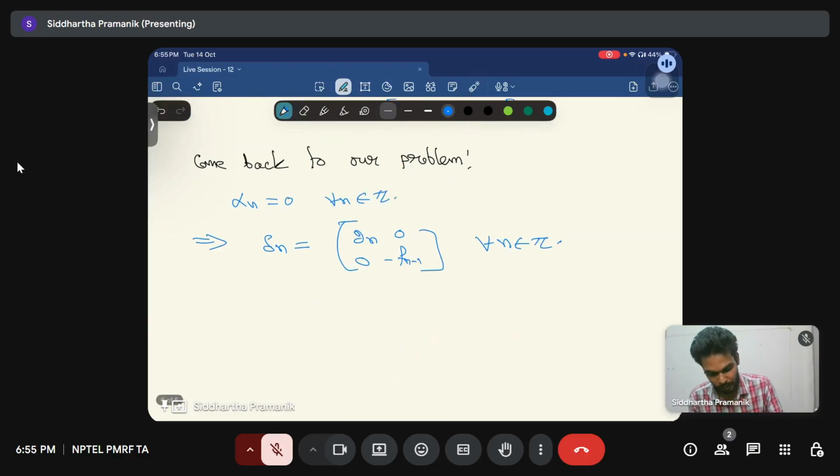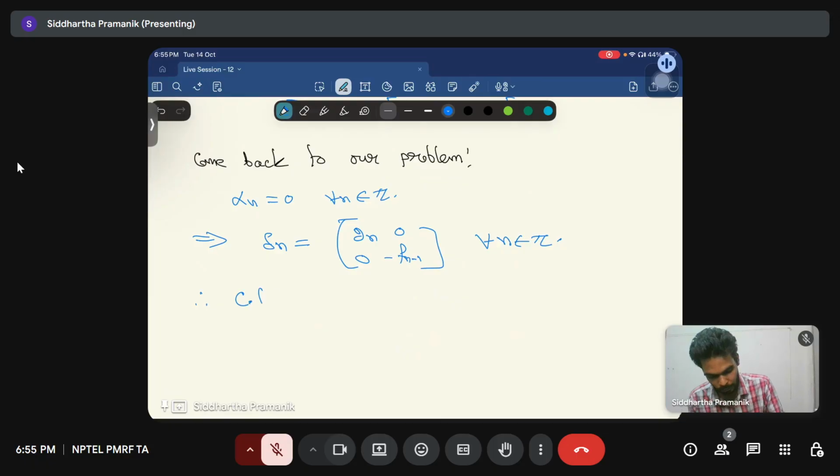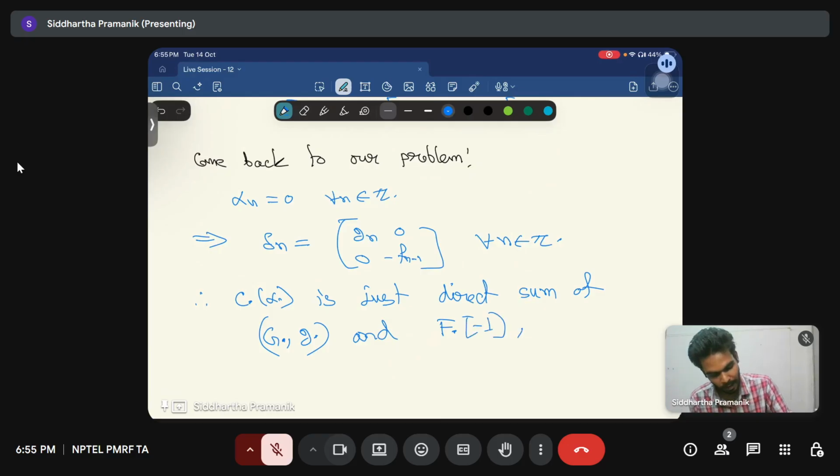So this means the mapping cone is just the direct sum of this g dot, this complex, and f dot shifted by minus 1 and the negative sign, right?